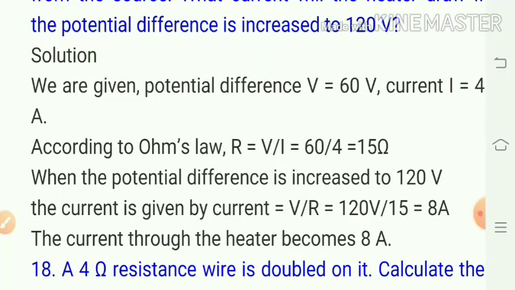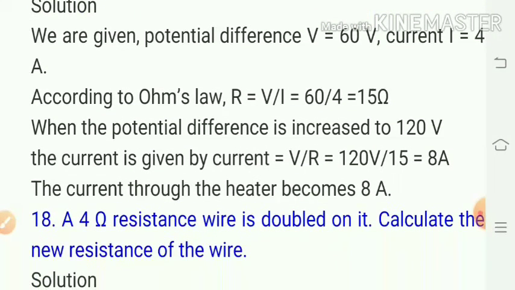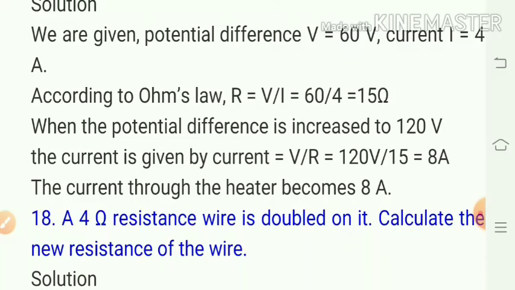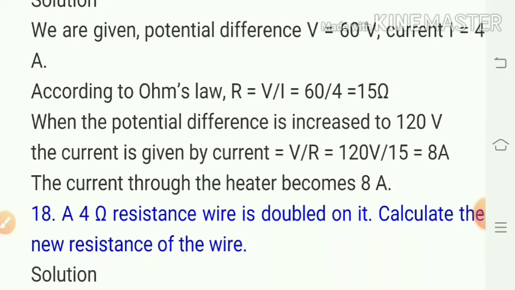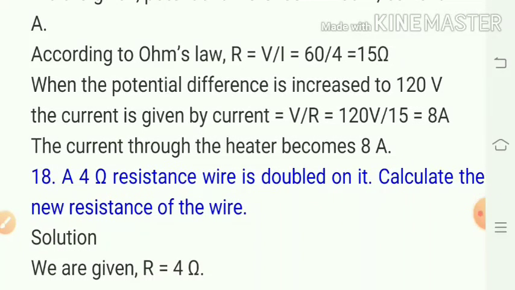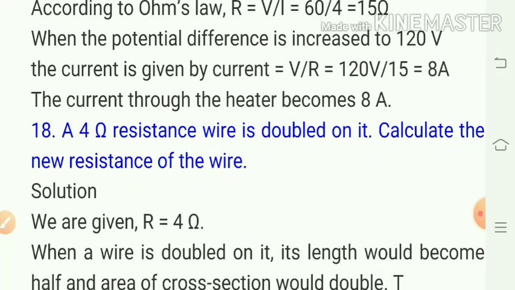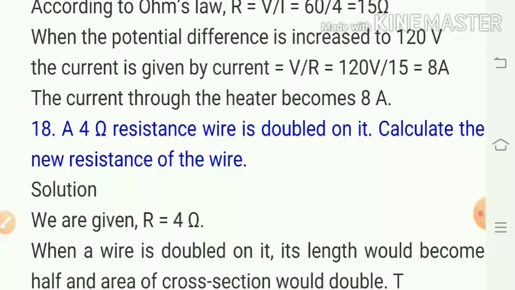According to Ohm's law, R is equal to V upon I, which is 60 by 4, that is 15 ohm. When the potential difference is increased to 120 volt, the current is V by R, that is 120 divided by 15, which is 8 ampere. So the current through the heater becomes 8 ampere.